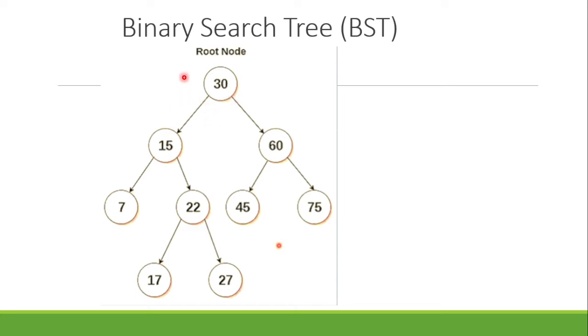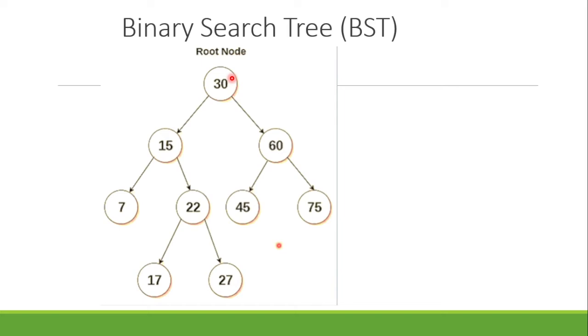So for any node in a binary search tree, every node in its left subtree will have a lesser value for the identifier, and every node in its right subtree will have a higher value than that of the original node or the root node. In this case, the root node is 30. The right subtree has values 60, 45 and 75. Each of these values is greater than 30.